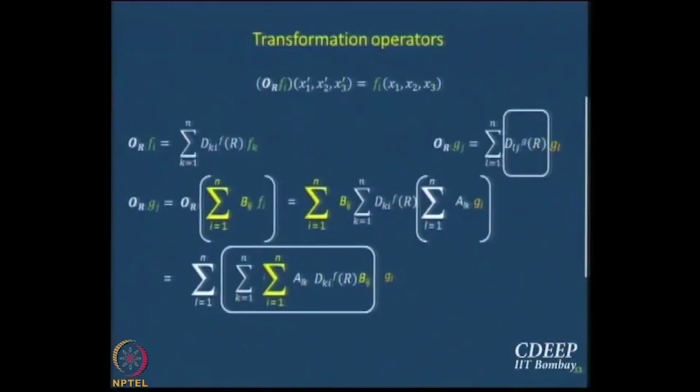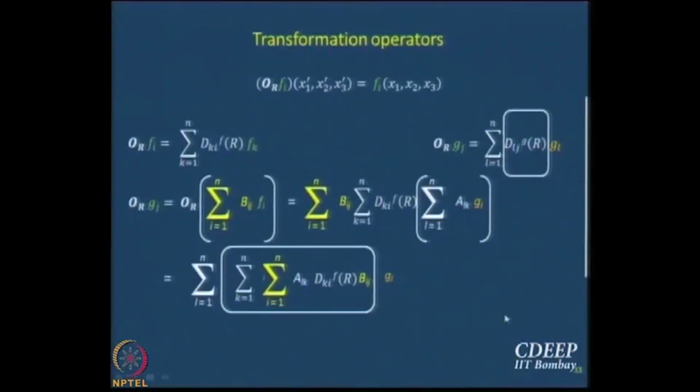Now see, what is this? This is ALK DKI BIJ, and what is there on the other side? DLJ. Remember the rule of matrix multiplication, right? These coefficients seem to be cancelling each other.